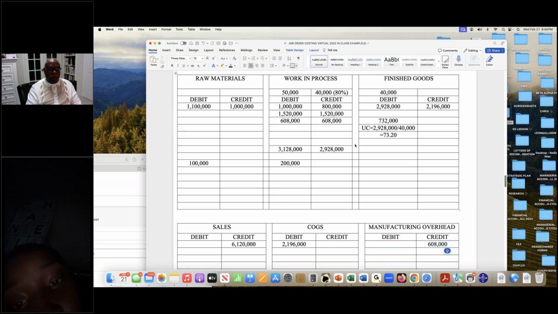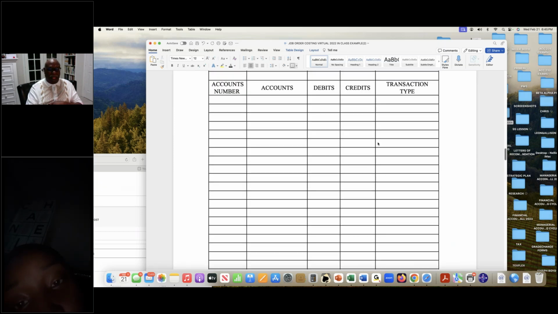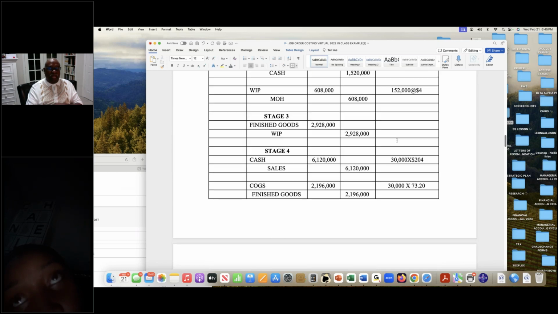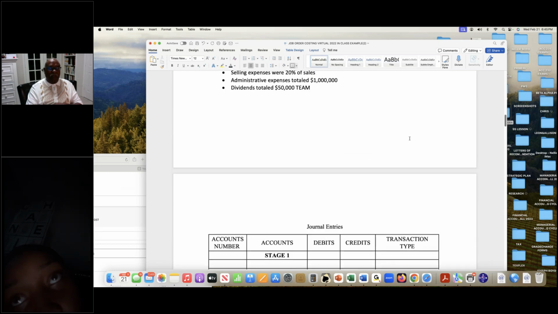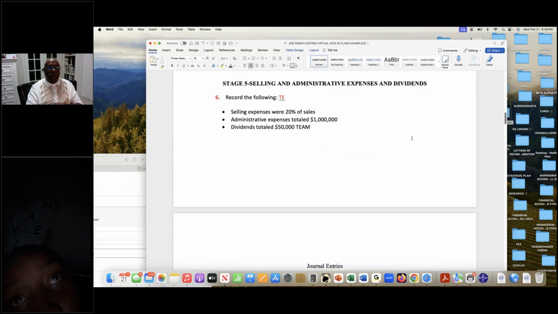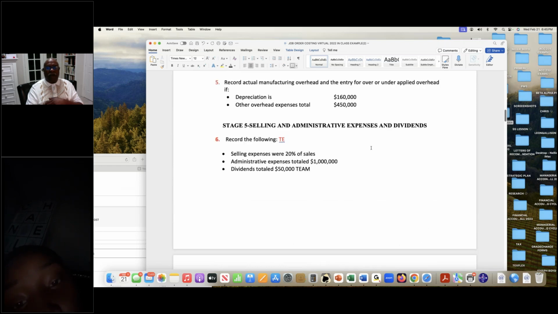Now let's go back to our problem. We estimated the overhead, but now we have to record the actual overhead. It says the actual overhead was depreciation 160, and other overhead expenses 450 that we paid in cash.